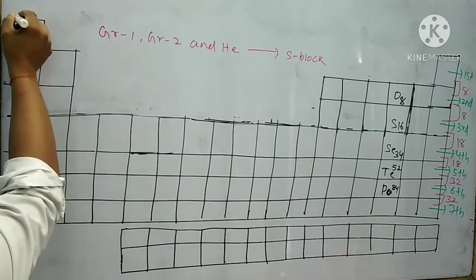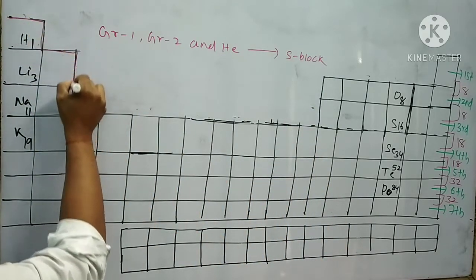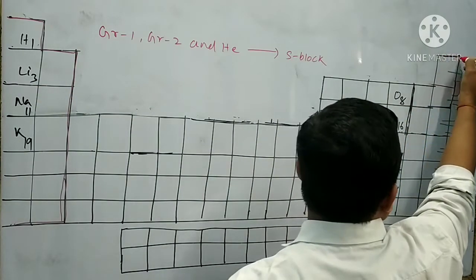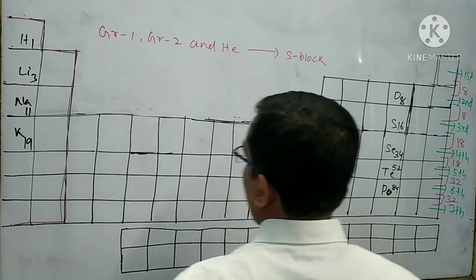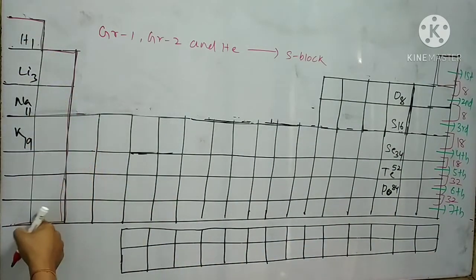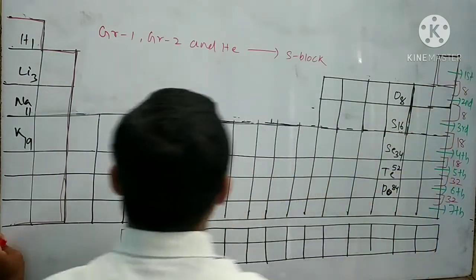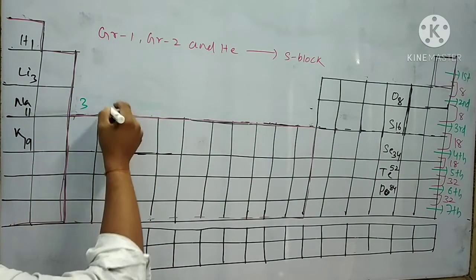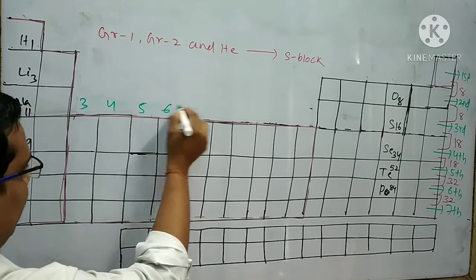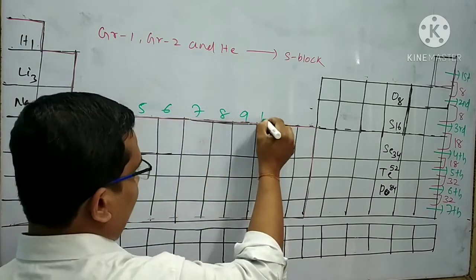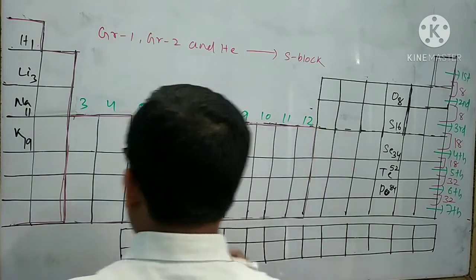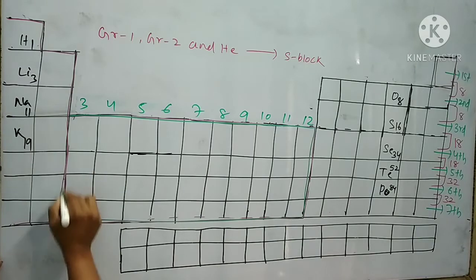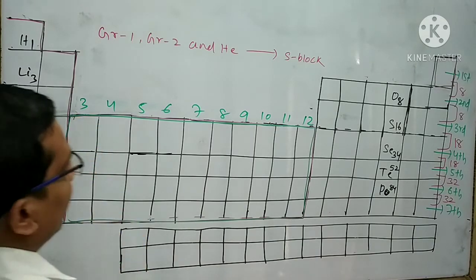That means I am telling about this and this. These elements are called S block elements. This is your group 3, this is your 4, next 5, 6, 7, 8, 9, 10, 11, 12. The elements present in these groups are called D block elements.